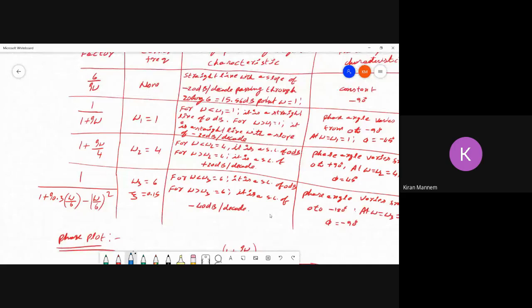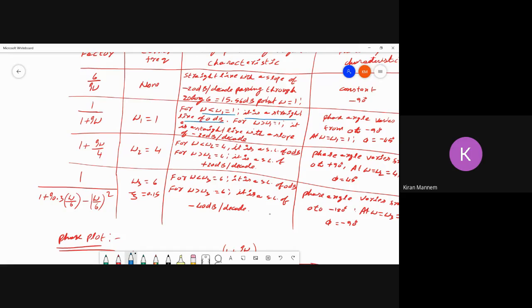So before 1, it's a 0 dB line, right? It's a straight line, 0 dB line. So if you add this 0 dB plus the previous one, you will get the current one. So minus 20, you will get the same value for the asymptote line till omega equal to 1.